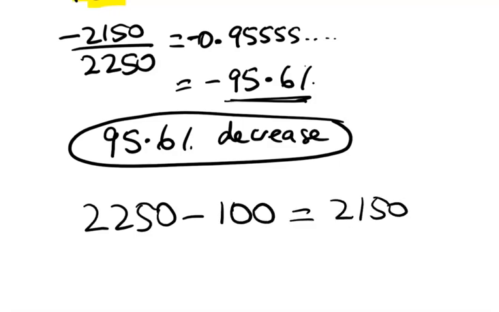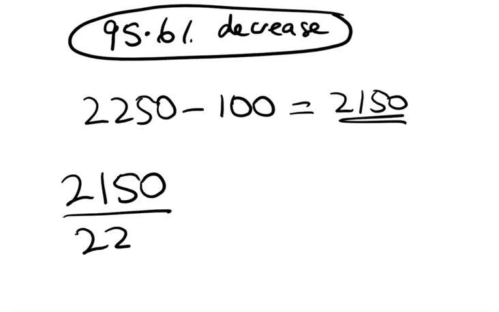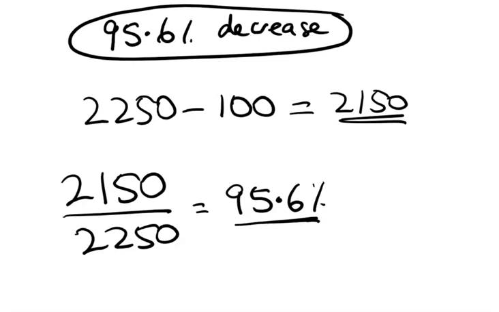I just work with the positive number. So I say the decrease is 2,150 out of 2,250. And then I get my decimal, and I turn my decimal into a percentage. Then I just write decrease next to it. That way I'm not working with negative numbers. I just have to always say at the end, have I got an increase or a decrease?